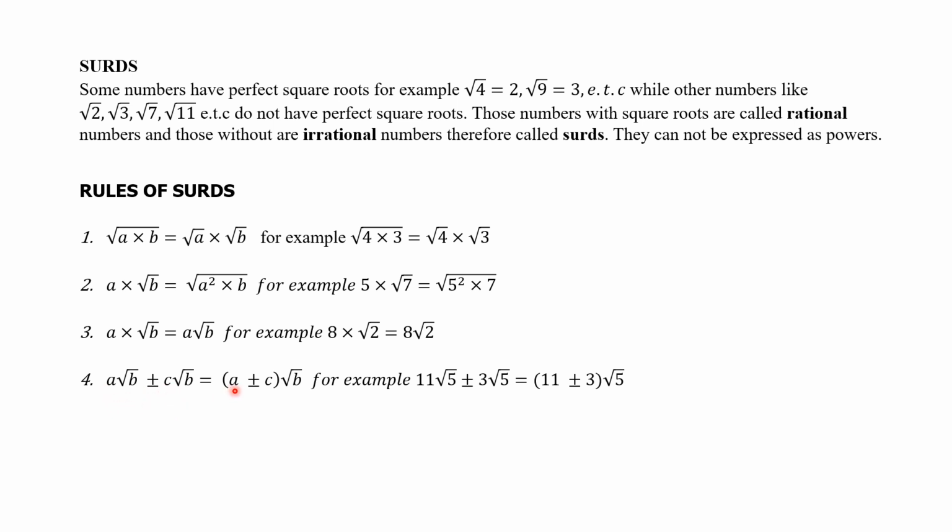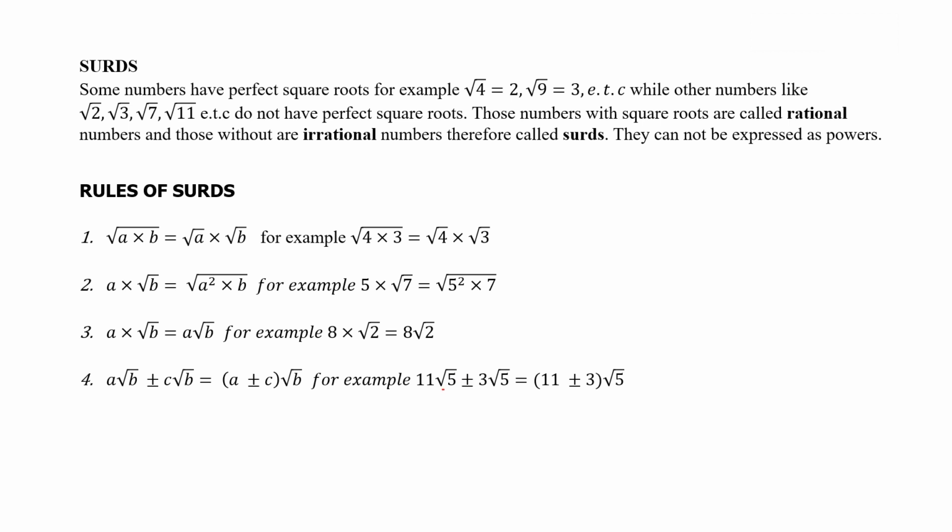An example: 11 root 5 plus or minus 3 root 5 is equal to 11 plus or minus 3, times root of 5. Let the plus or minus not confuse you, because we shall be having either an addition or a subtraction.